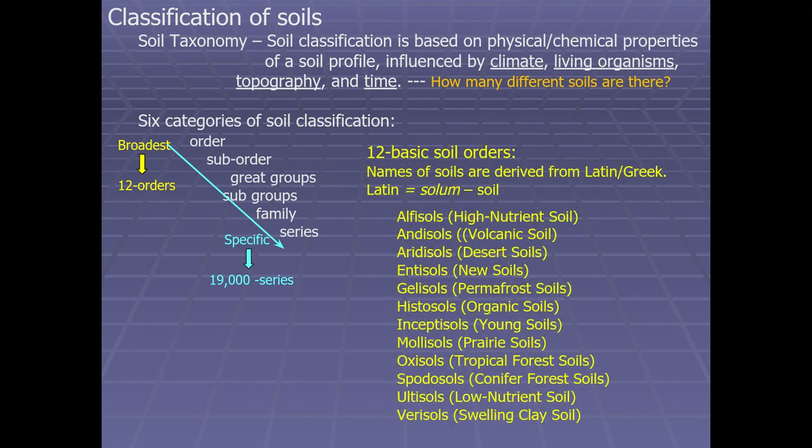The names of the soils are derived from Greek names, and Latin solum for soil. So in most cases, the broadest orders of soil end with the suffix sols. You can read down the list: alfisols, andisols, aridisols, entisols, gelisols, histosols, inceptisols, mollisols, oxisols, spodosols, ultisols, and vertisols.